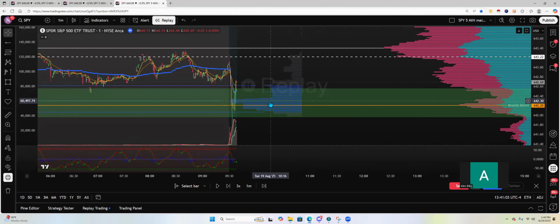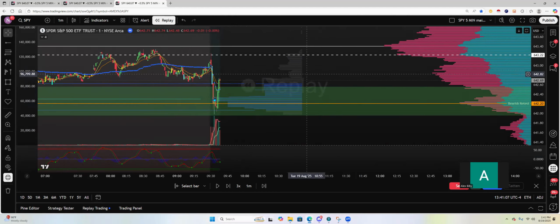So price has pushed up out of this bottom area. Still, most of our volume has been down here, but we are now above VWAP. I'm still not really taking any kind of trade right here. Maybe if it comes down and retests this, then we can start to think about going long up until where we said before our profit target was.